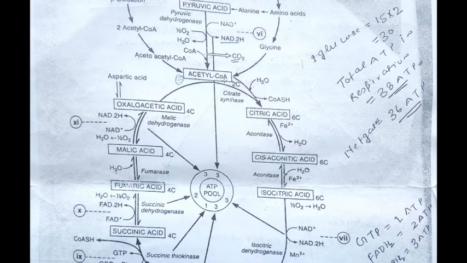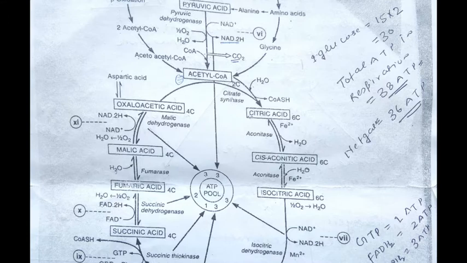So it's acetyl coenzyme A. Acetyl coenzyme A is a 2 carbon molecule. Acetyl coenzyme A combines with oxaloacetic acid and produces citric acid by using the enzyme citrate synthase.